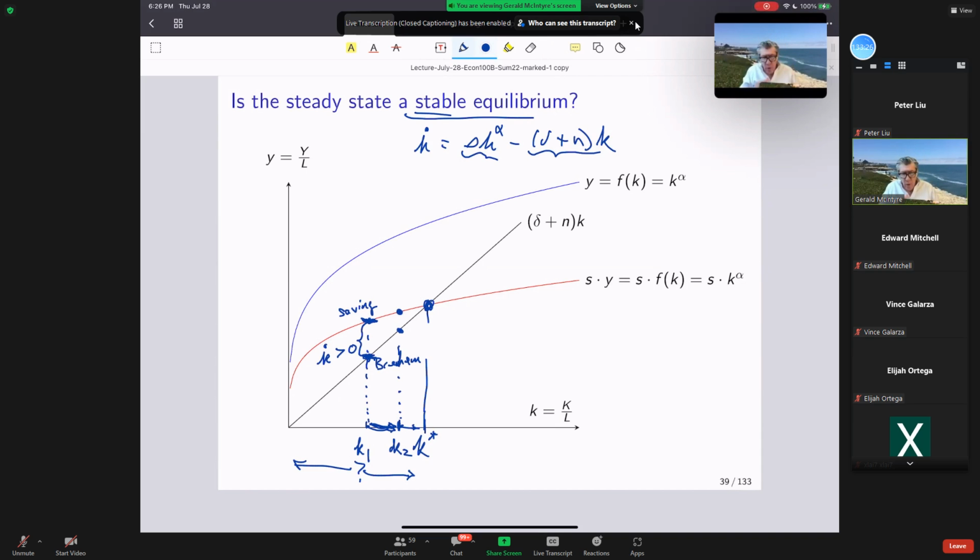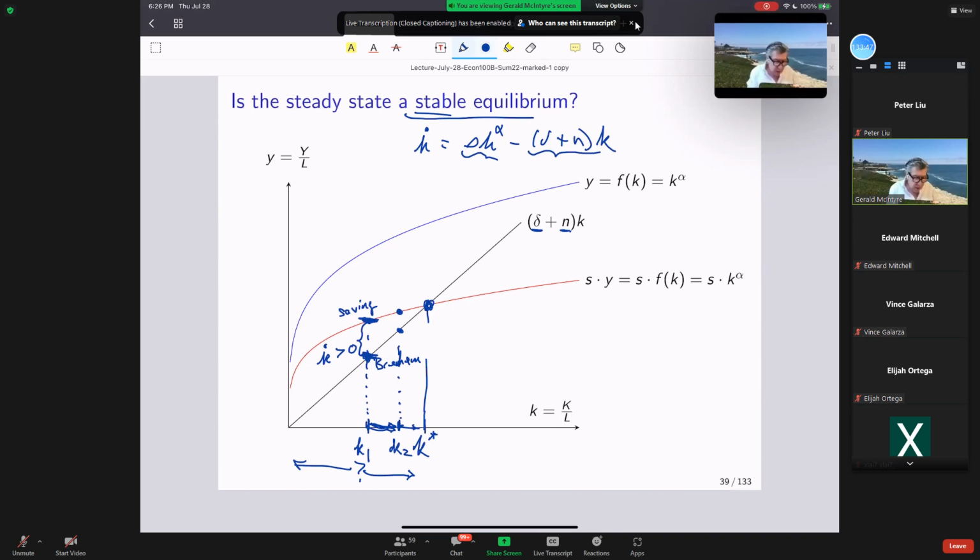At a point like K1, the intuition is the following. The amount of saving you need just to break even, the amount of saving you need to cover depreciation plus population growth, is right here. But you're doing more saving than that. Your saving is up here.